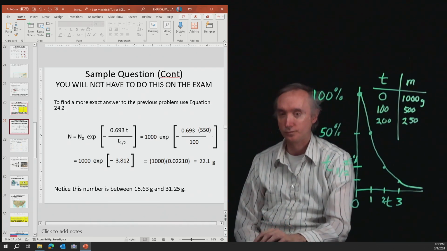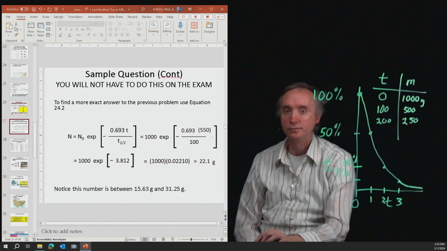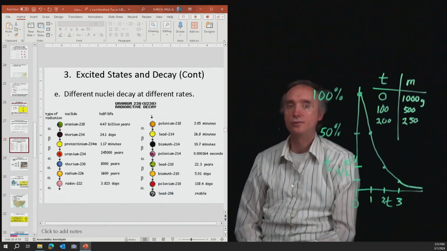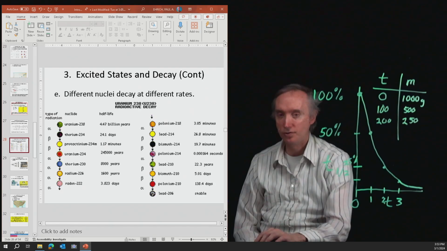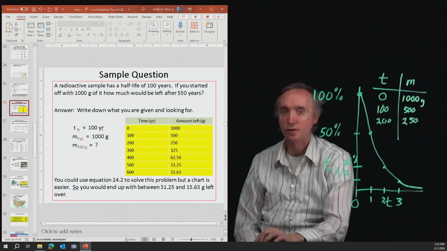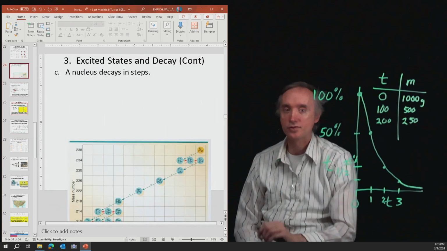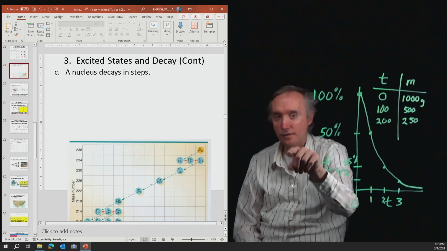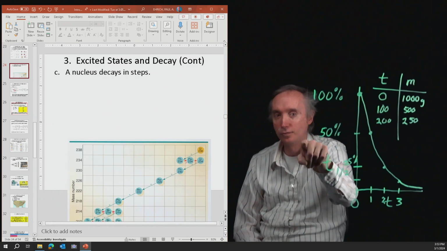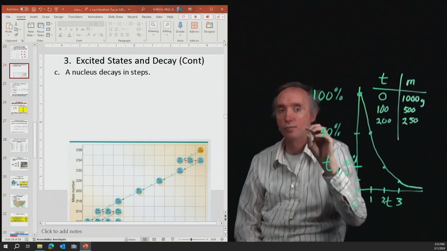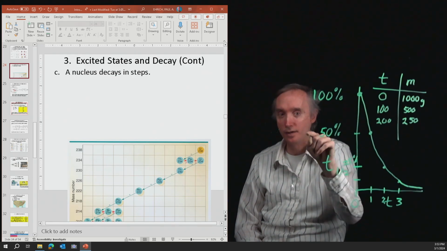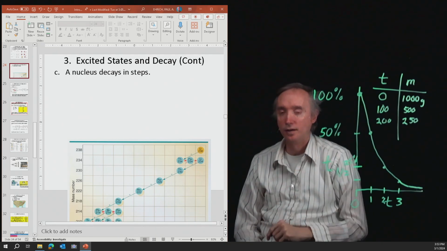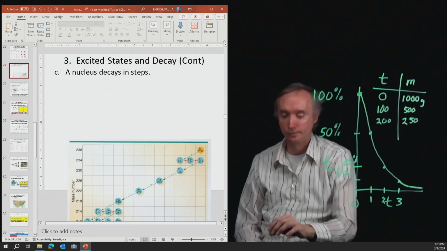Okay, so here, this chart shows you the half-lives of different radioactive substances. Do you remember, let's go back to this chart here. If you remember that chart, we started off with radioactive uranium, and then it turned into, what was it, thorium?